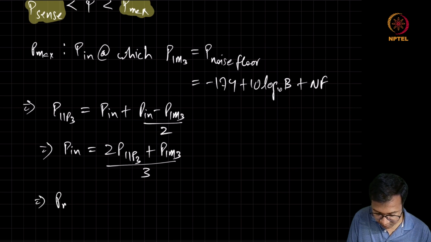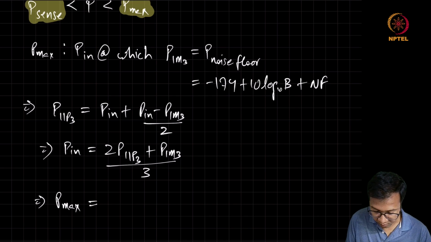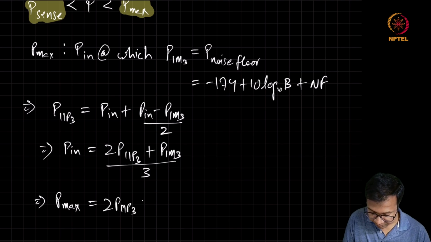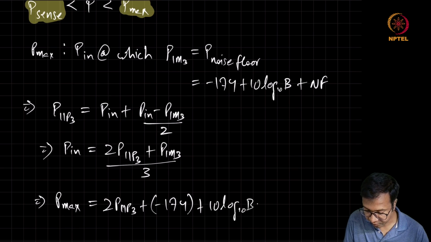And Pmax corresponds to the input at which the power of IM3 is equal to the noise floor. So it will be equal to 2 PIIP3 plus minus 174 plus the noise terms, divided by 3.